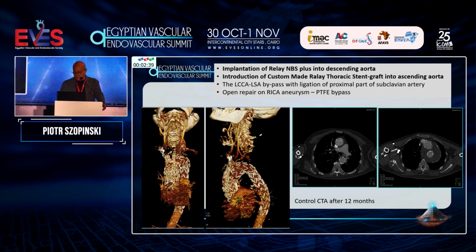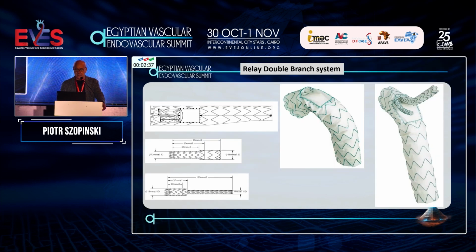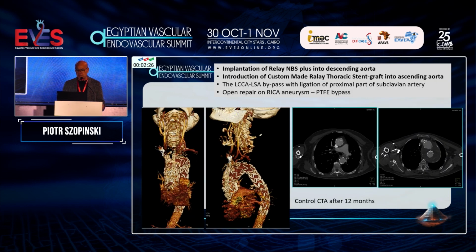And the good thing is that the company supplies both peripheral stent grafts that you can see here, which are very accurately measured and dedicated to each particular patient. So here you can see we first introduce a Relay NBS Plus into the descending aorta as a support for the custom-made Relay thoracic stent graft that we bring into the ascending aorta with both tunnels.